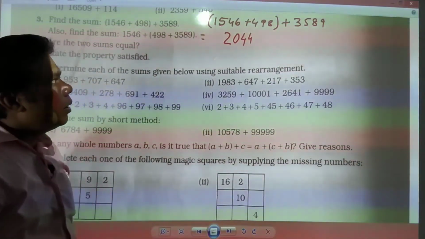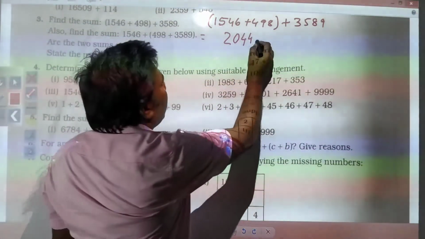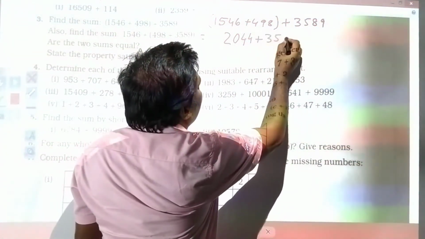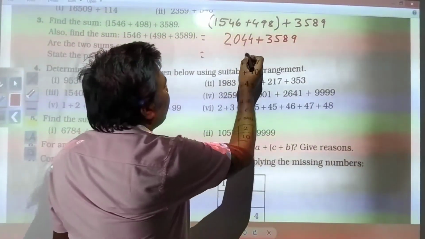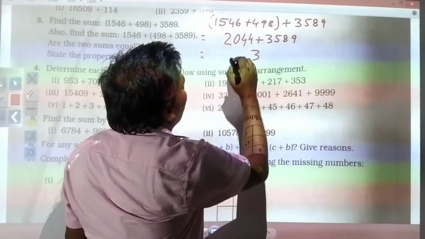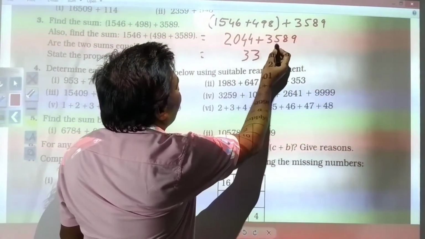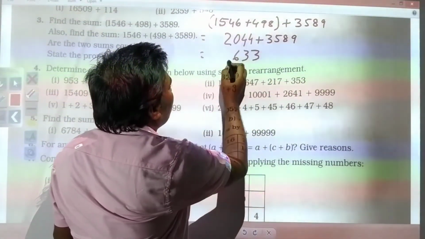So 2044 you have got, plus 3589. 9 and 4 is 13, 1 you have, 8 and 4 is 12 and 1 is 13, 5 and 1 is 6, and 3 and 2 is 5.